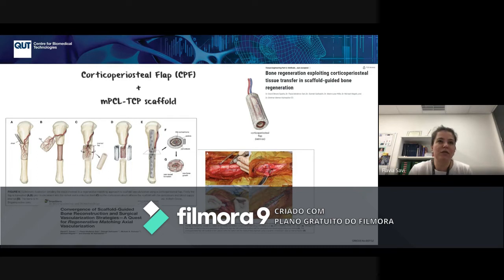The scaffold was divided in two halves, and the flap was inverted and placed inside of the defect, with this vein connected to it. After that, the defect was stabilized with the plate, and the defect was closed. The time point of this study was 12 months.